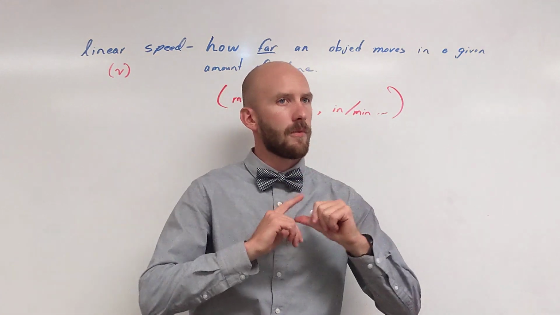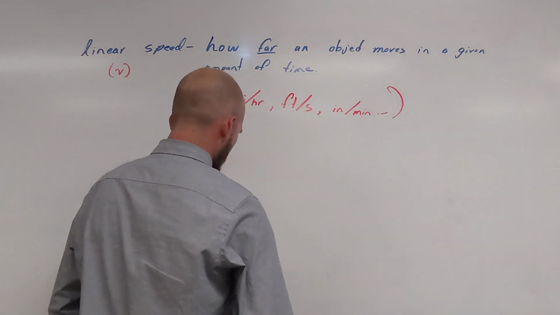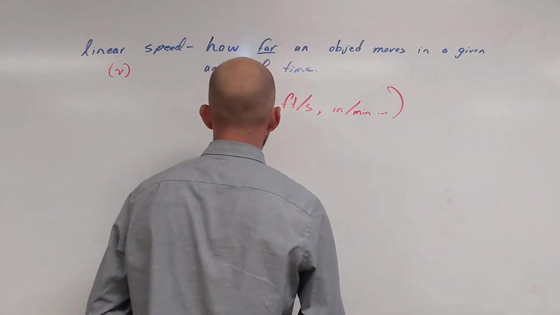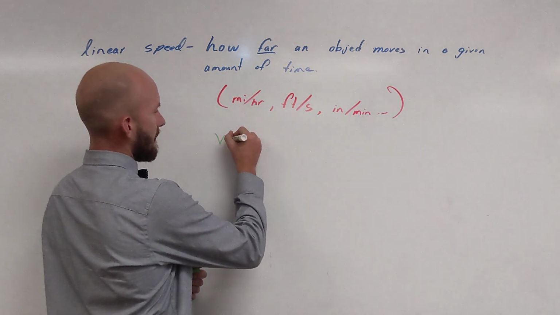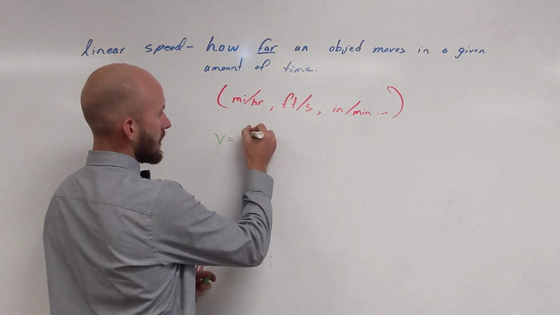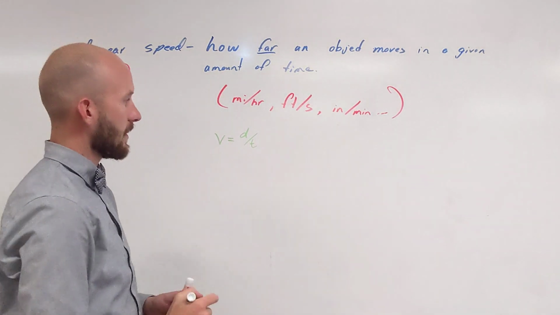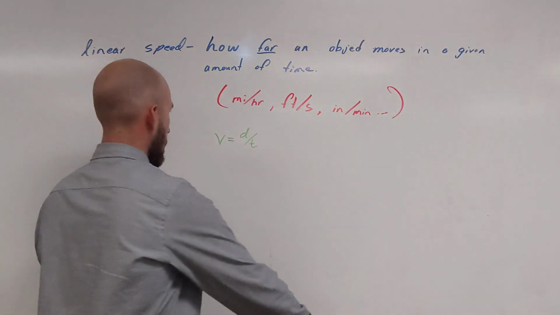Same type of thing. So now, I am going to write a formula for linear speed. And that is that our speed is distance divided by time. Now that doesn't show up very well.